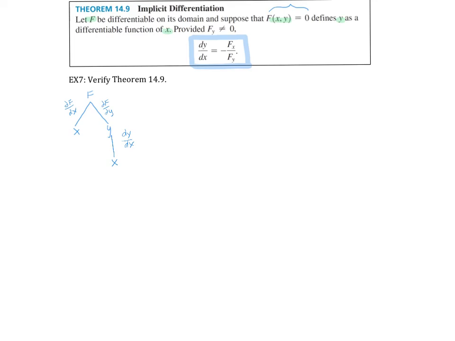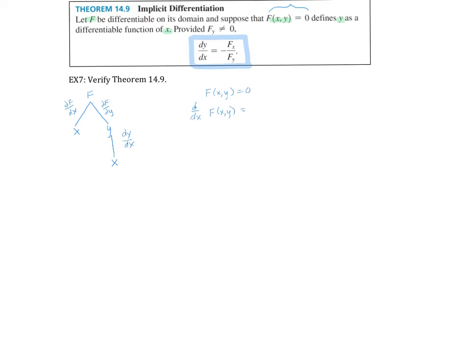So let's go back to this function that we have, f of xy equal to 0. And now I'm going to verify this theorem. I'm going to take the derivative with respect to the variable x of f of xy.